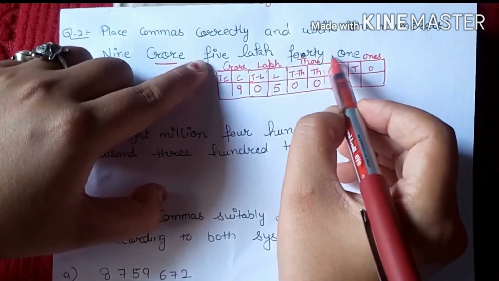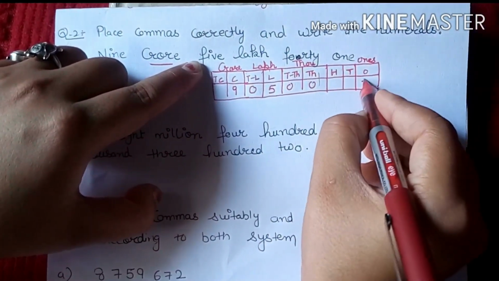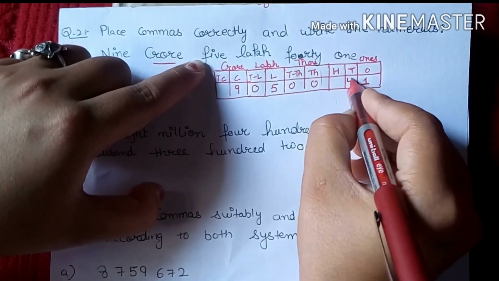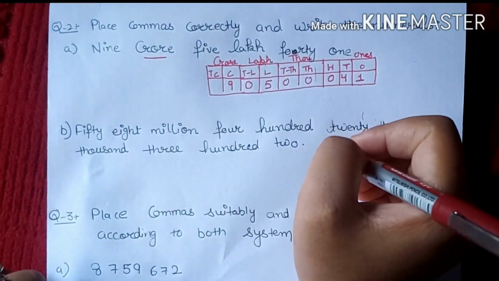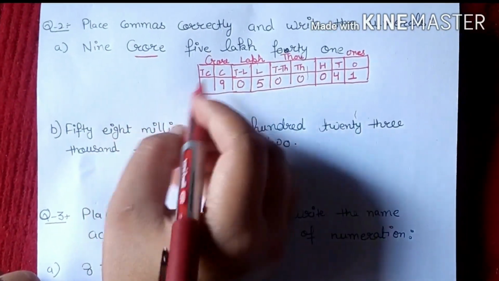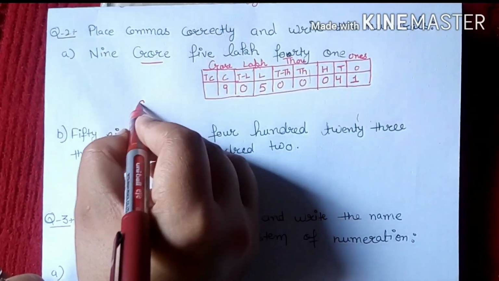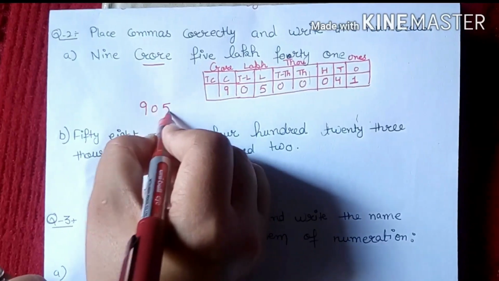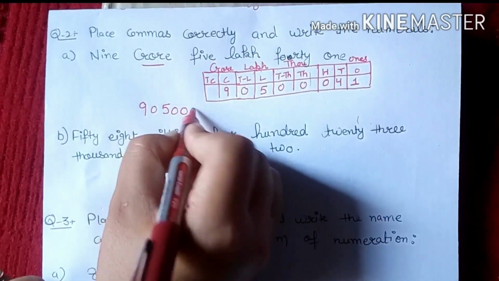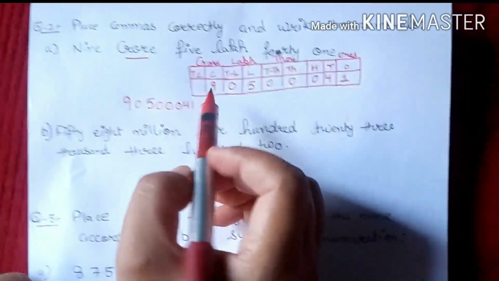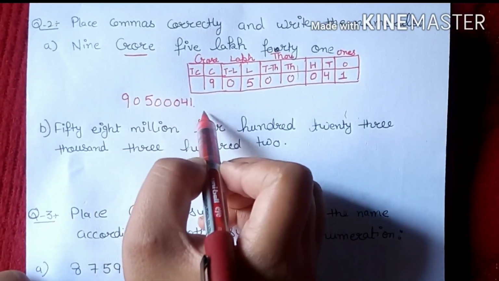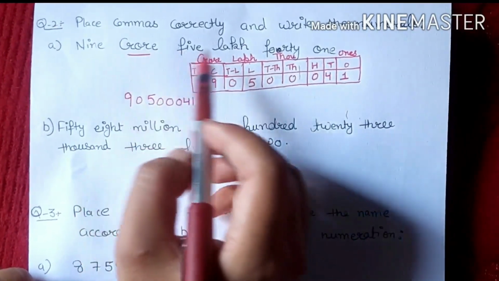And 41 means 1 would be in ones place and 4 in tens place, and there is nothing in hundred place, so we have to put 0. So what number do we get? 90500,041. Yes, beta. So this is the numeral form of this question.